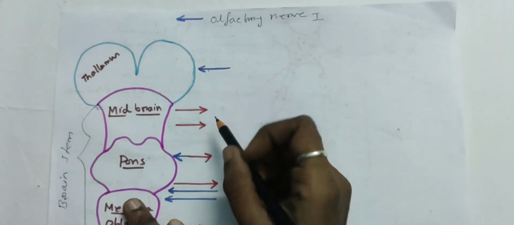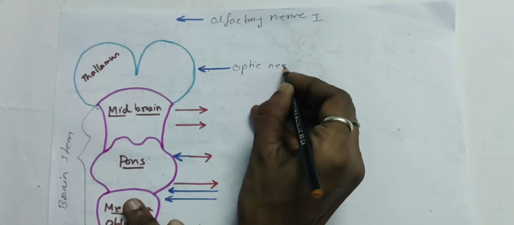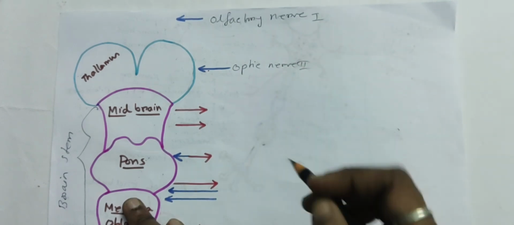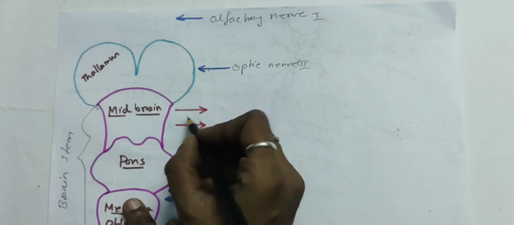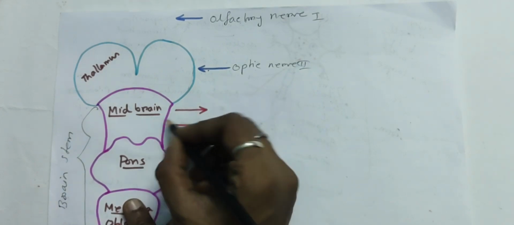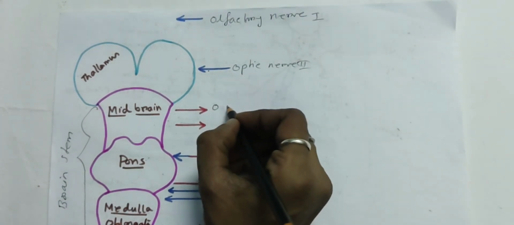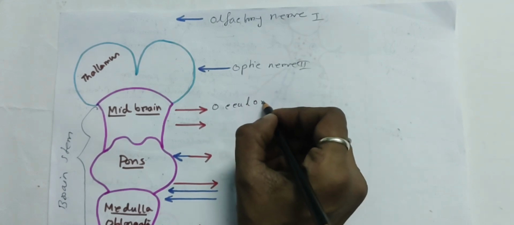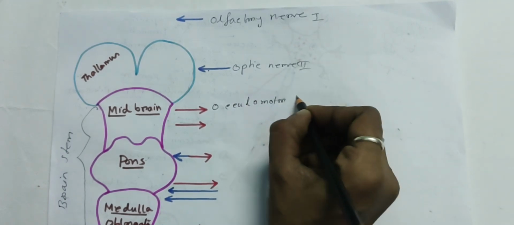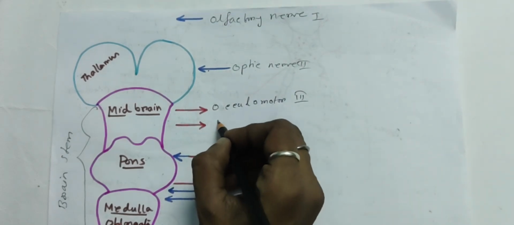Next, there is the optic nerve. Optic nerve is number 2. It innervates signals to the thalamus. Then at the midbrain region of the brainstem, here is the oculomotor, number 3. Next, trochlear.